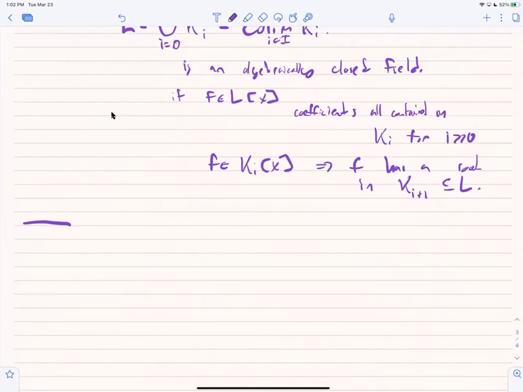So let me make one more remark about terminology, then we'll take a break, and then we'll do something much more concrete.